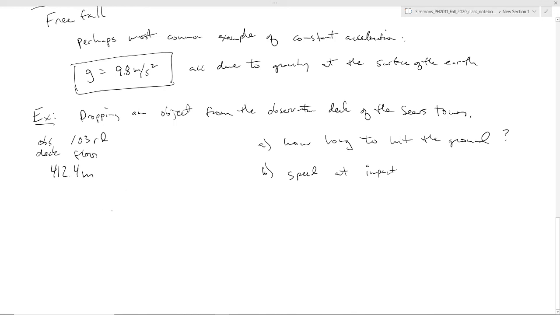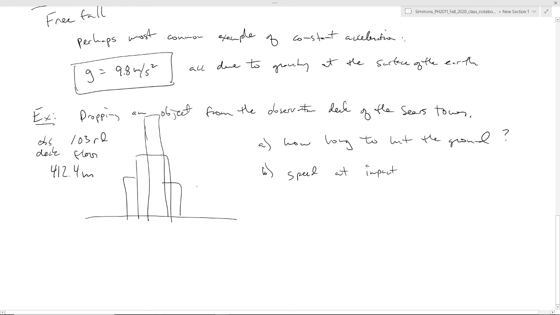So let's try and draw a little bit of a cartoon here. You know, the Sears Tower, I don't know exactly. And so let's suppose this is the height that we're interested in, and that's 412.4 meters.